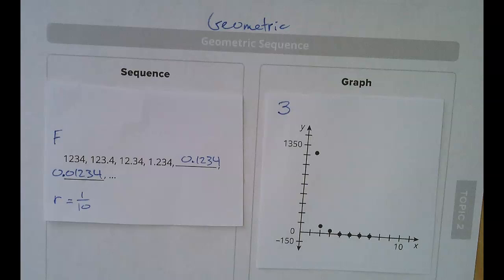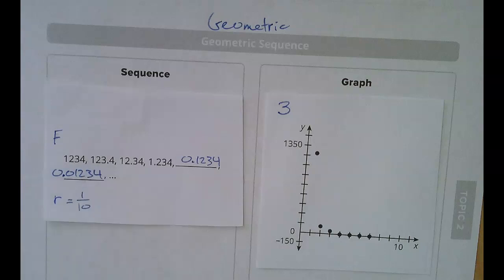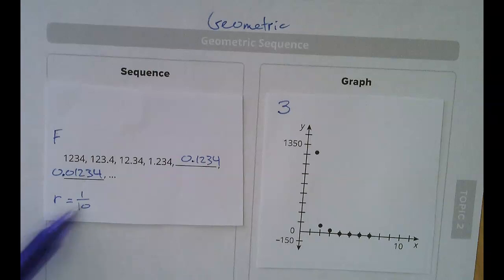So we know that our common ratio is 1/10. We're multiplying by 1/10 each time to get from term to term. Multiplying by 1/10 is the same mathematically as dividing by 10, but the r uses the multiply value. So our r is 1/10.